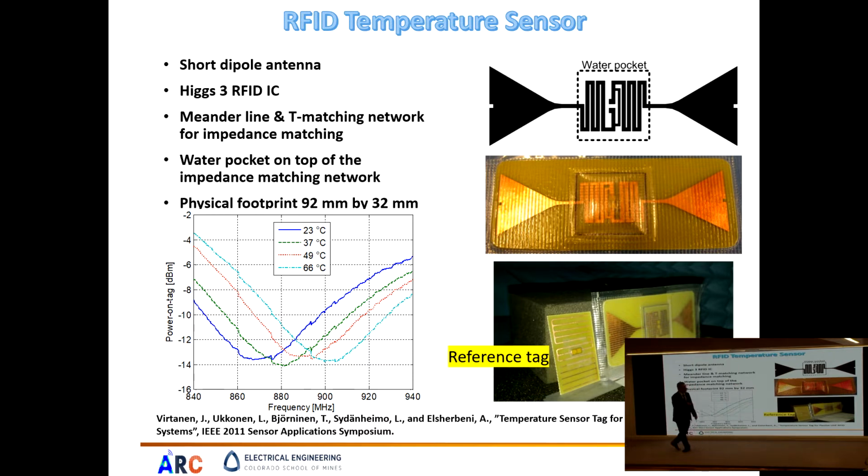There is a heater and thermostat behind it. So we heat the water, we measure the temperature, and we measure the optimal performance using the tag reader device. And you can see that the minimum of these curves gives you the optimal operating frequency, at 3 different temperatures that are being set for the bucket of water.